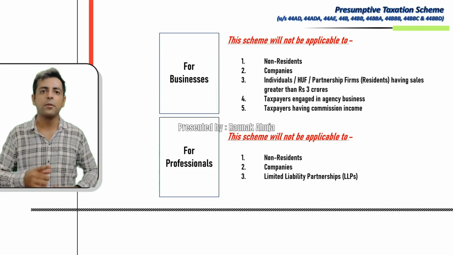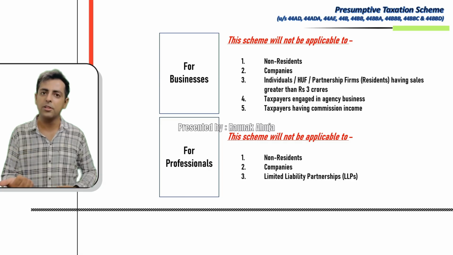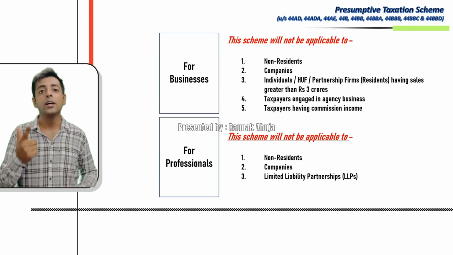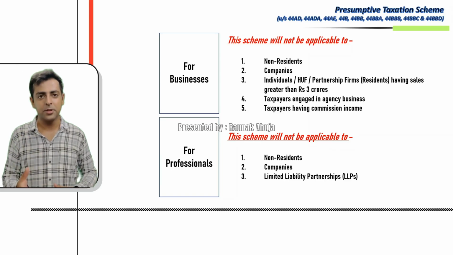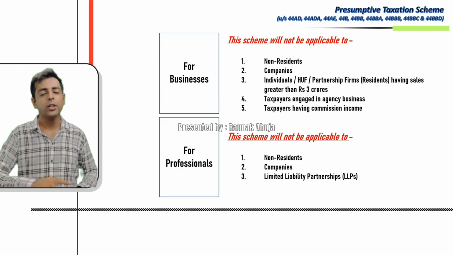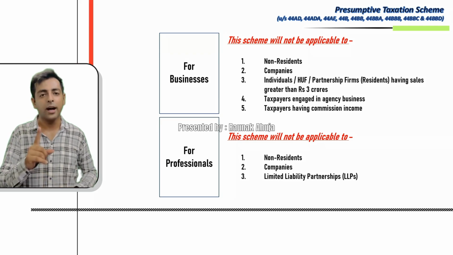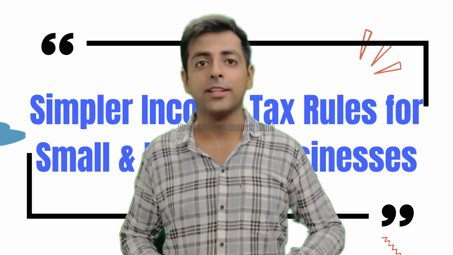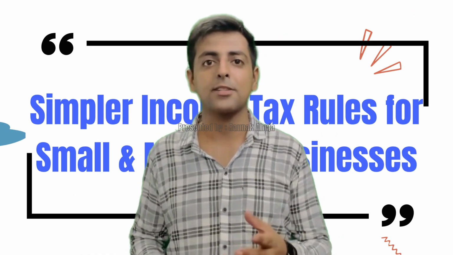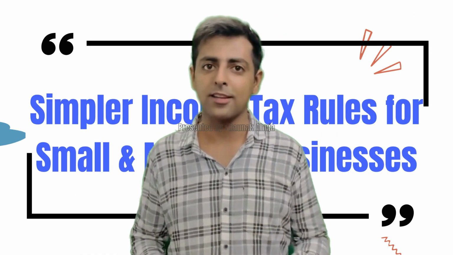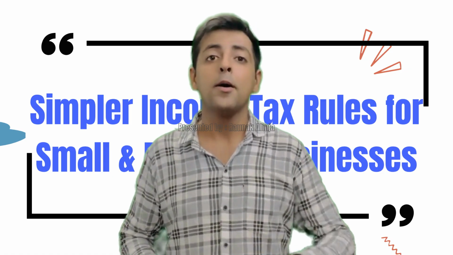Further, this presumptive taxation scheme of business would be applicable only to individuals, HUFs, and partnership firms who are resident. This means this is not applicable to the non-residents, nor the companies. So, in case you're a smaller business that satisfies the criteria that we just discussed, do try to make the most of it.